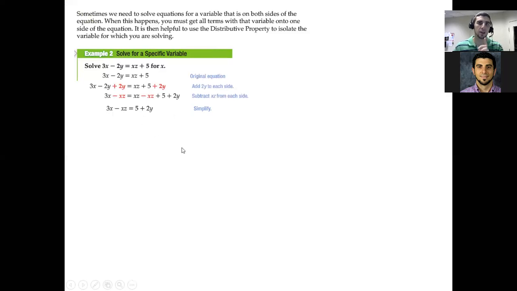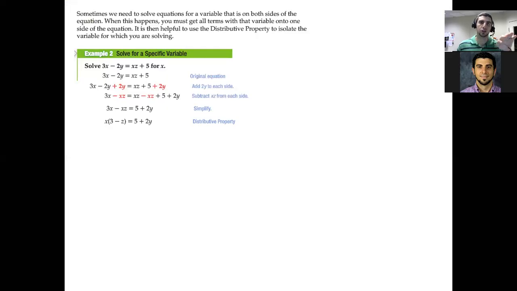Now here is the trick that we can do to get x by itself. It's really like the problem had an x distributed to both of these terms. So if we use the distributive property in reverse and undistribute the x from both terms, you could write it as x parentheses. Now you need the parentheses because remember before, when we started with the distributive property, if you had x parentheses 3 minus z like we do here, you would know you had to distribute it to both of them.